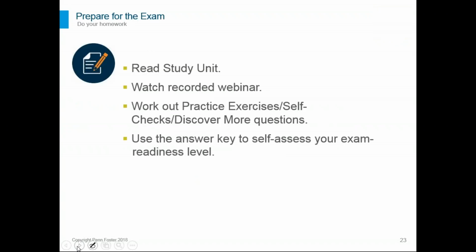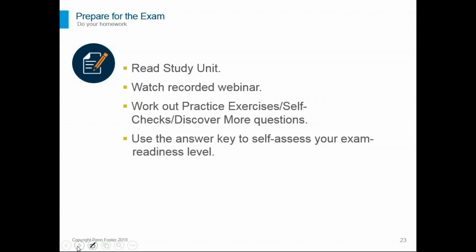Before I leave you today, I just want to make sure that I give you some exam preparation tips. You have to read the lesson. You need to practice the practice questions given in the lesson. They are there for a purpose because they prepare you well for the exam. The answer key for those practice questions within your lesson is provided.